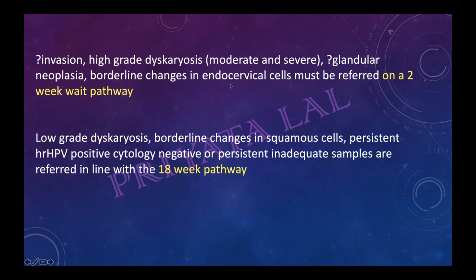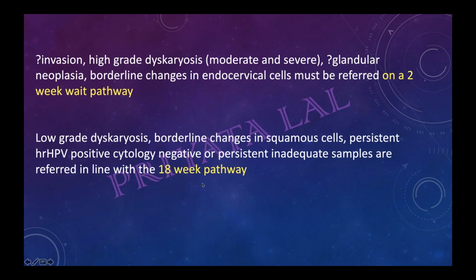Okay, so this part you already know, same from the previous guideline. Any invasion, any high grade, or any borderline change in the endocervical cell will be referred in the 2-week wait pathway. And if any low grade borderline change in squamous cell, or persistent HPV positive with negative cytology, they will be referred in the 18-week pathway.